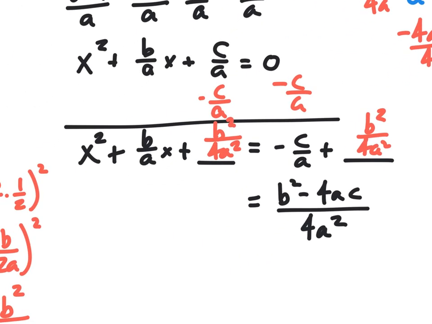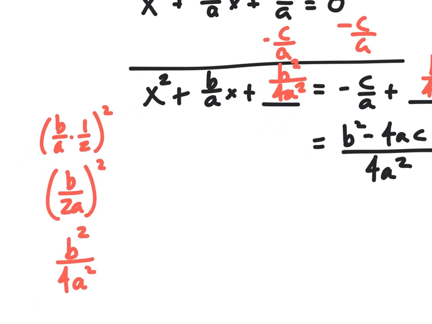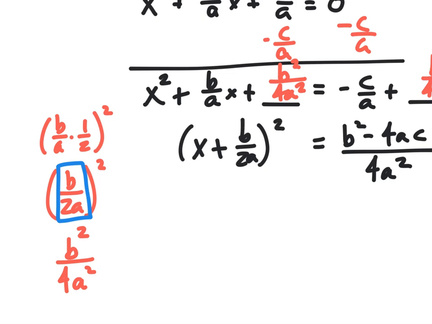Now, what I have over here is x squared plus b over a times x plus b squared over 4a squared. This is a perfect square, okay? To factor that, I look at what I took and divided by 2. So what I'm going to get here is x plus b over 2a, this whole thing squared.